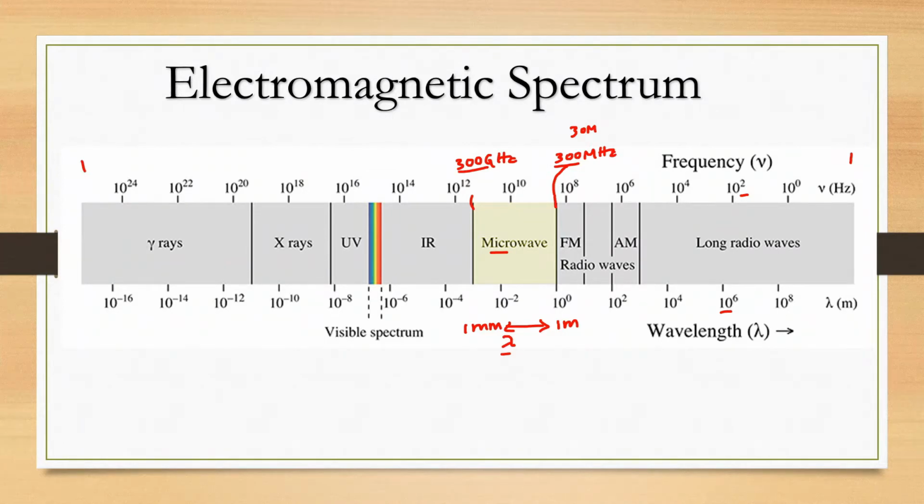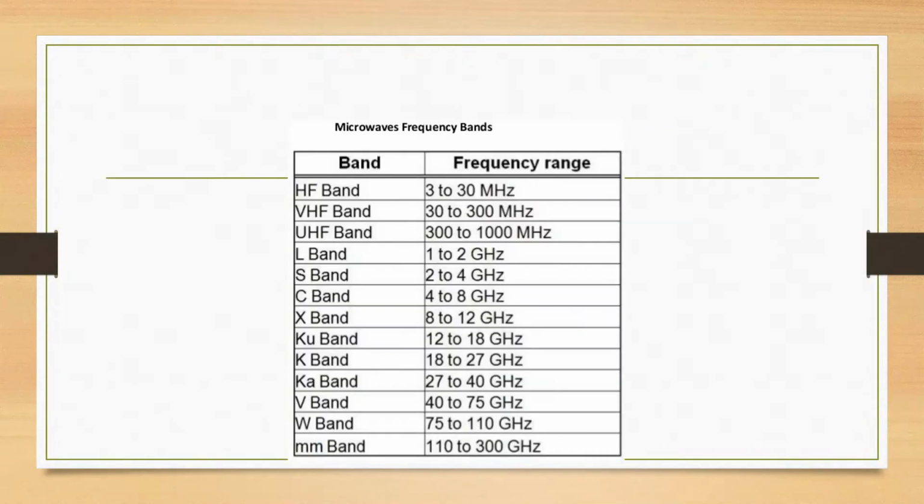Now in these microwaves we have different bands of frequencies for different applications. As I have told, different authors will define different ranges, but the acceptable range is from 300 megahertz to 300 gigahertz. The bands are ultra high frequency, L band, S band, C band, X band, Ku band, K, Ka, V, W, and millimeter band.